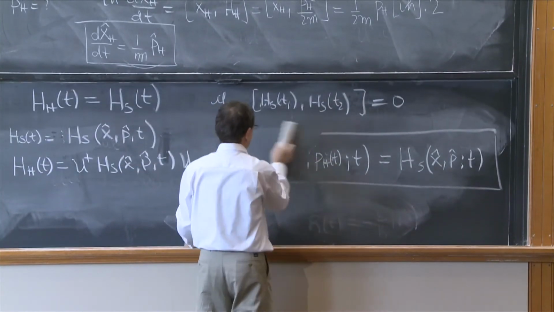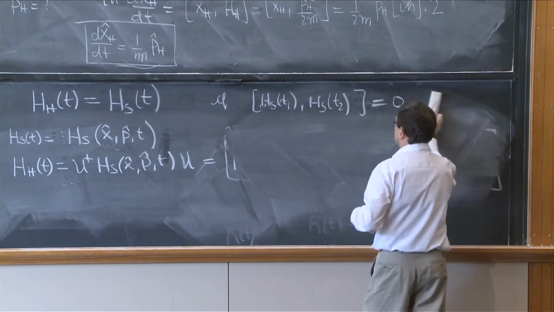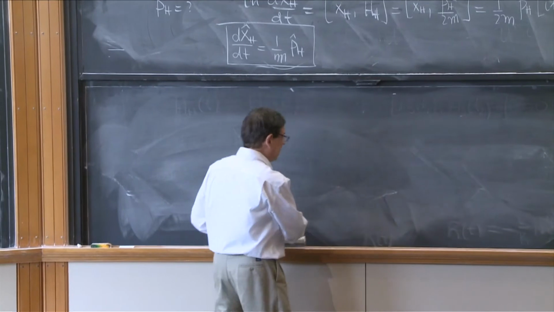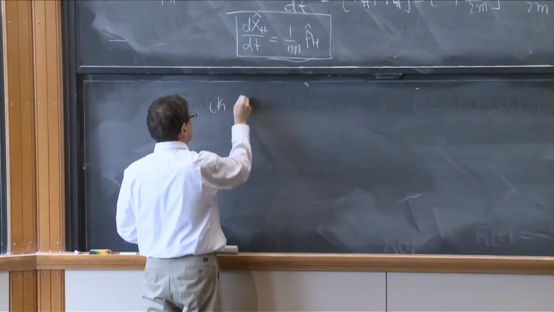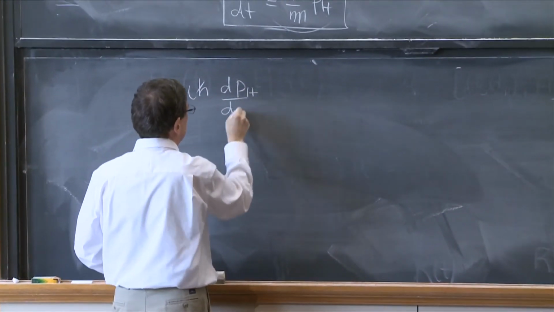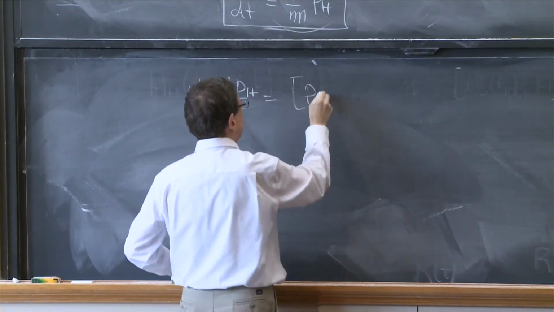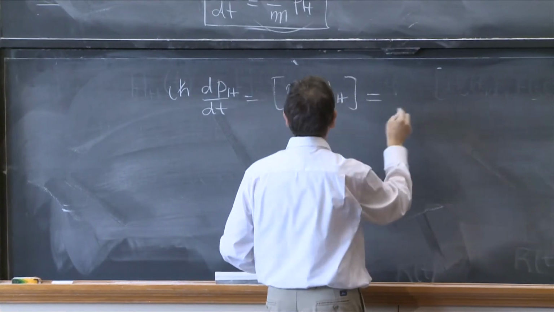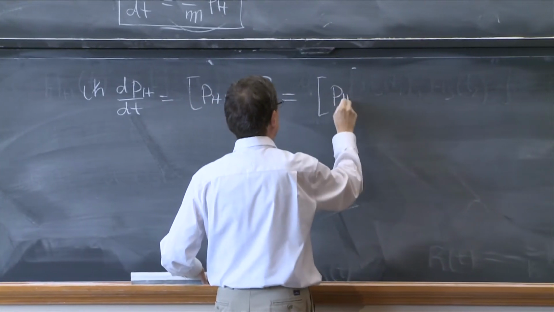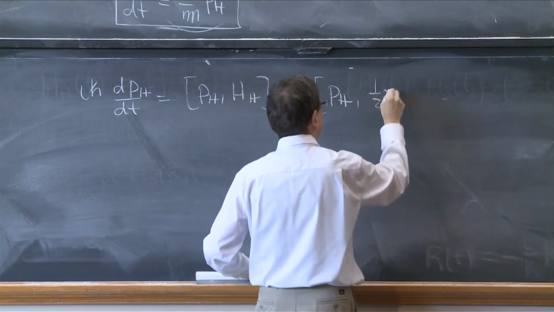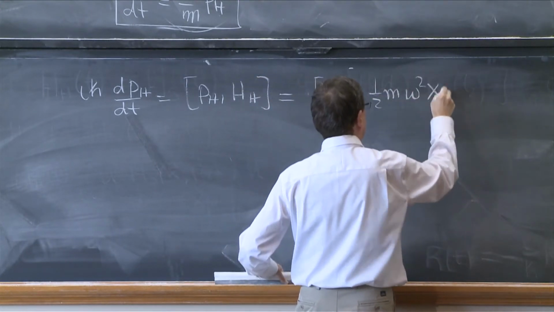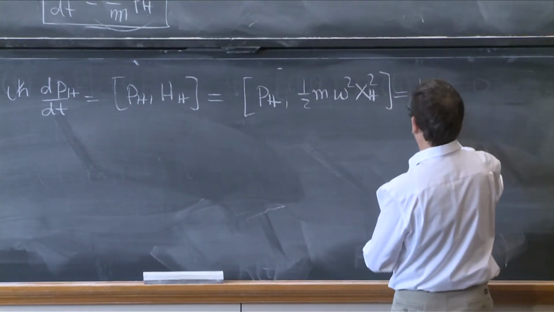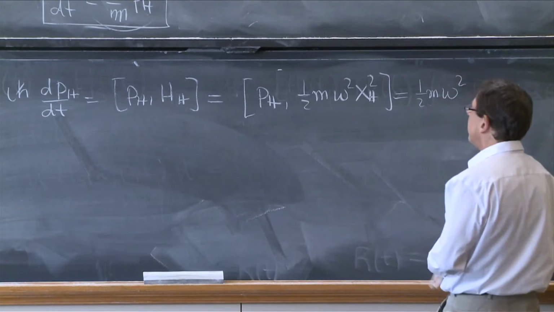Well, we didn't get the operator still, but we got an equation. So how about dp dt? So i hbar dp Heisenberg dt would be p Heisenberg with H Heisenberg. And this time only the potential term in here matters. So it's p Heisenberg with 1/2 m omega squared x Heisenberg squared. So what do we get? We get 1/2 m omega squared.